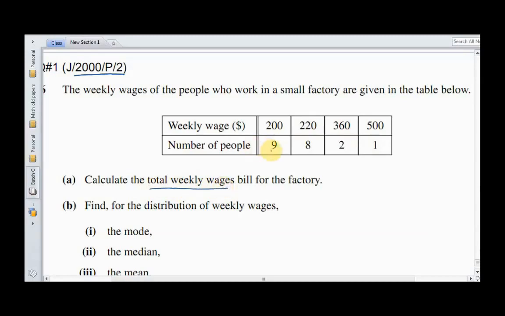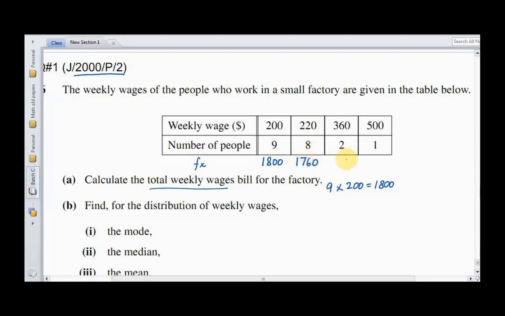If 9 people are taking $200, the total amount will be 9 multiplied by 200, that means 1800, right? So first step, like always, we are going to make a column of fx. We need to multiply these two values. 9 multiplied by 200, it's 1800. 8 multiplied by 220, it's 1760.